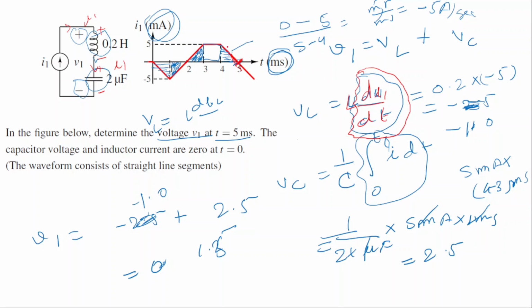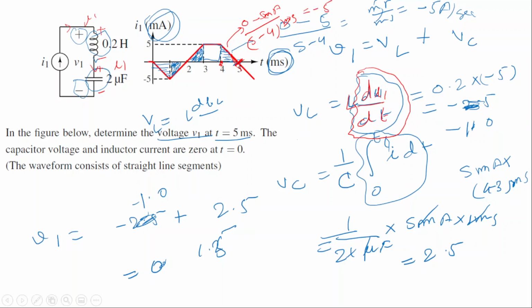What is the slope of this line? It will be equal to y2, which is 0 minus 5 milliampere, divided by 5 minus 4 millisecond. The milli gets cancelled, so it will be equal to -5.